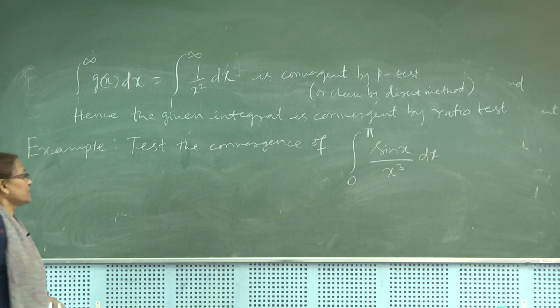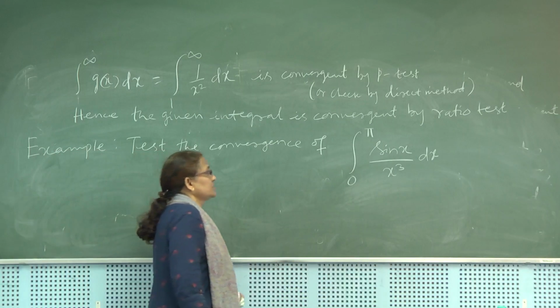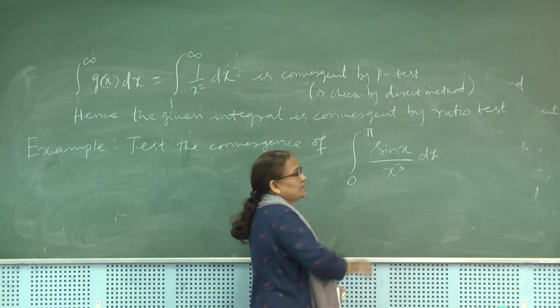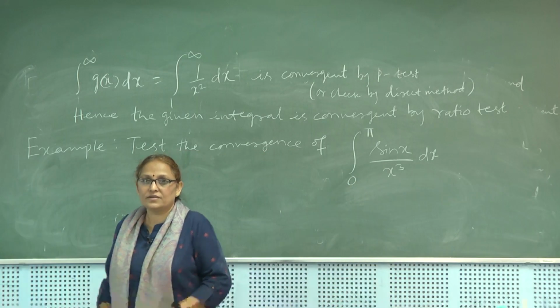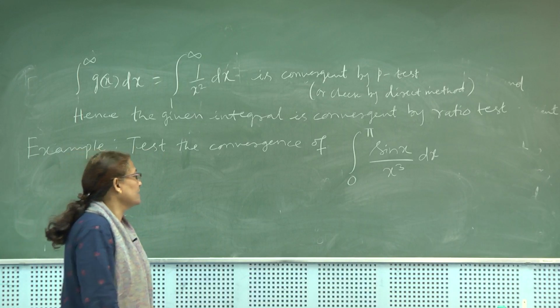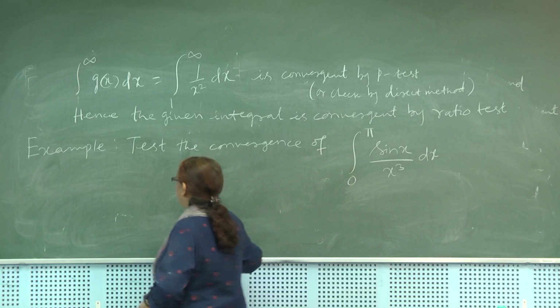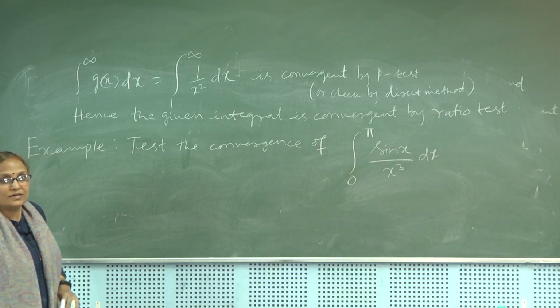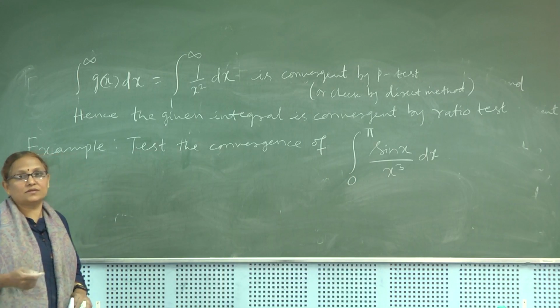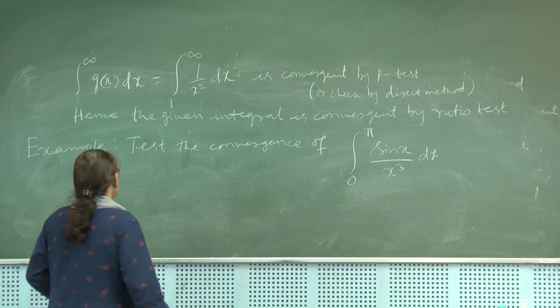Again we shall use the ratio test and verify the convergence of this type 2 improper integral. By some other method also one can verify, but here we are taking an example where we use the ratio test.